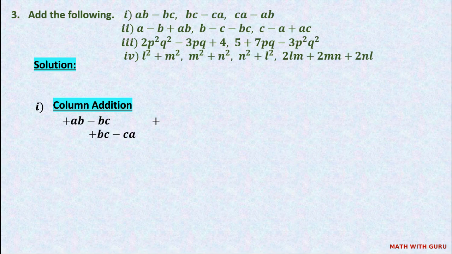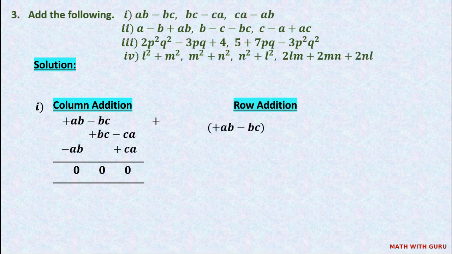Now the last one, CA minus AB. Minus AB should go here below plus AB, and plus CA should come under minus CA. Now let us find the sum. Plus 1AB minus 1AB, plus 1 minus 1, it is 0. Therefore, the algebraic sum of plus AB minus AB is 0. Again, here also it is 0. This one is also 0.